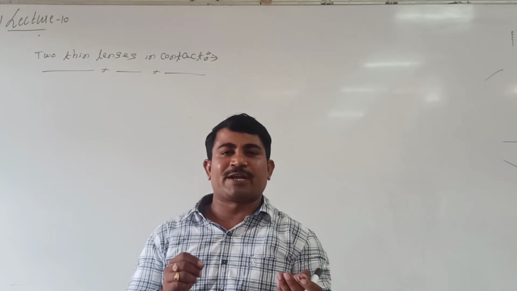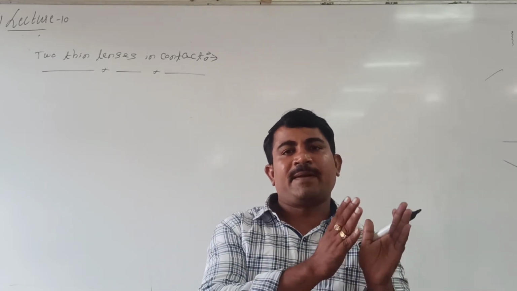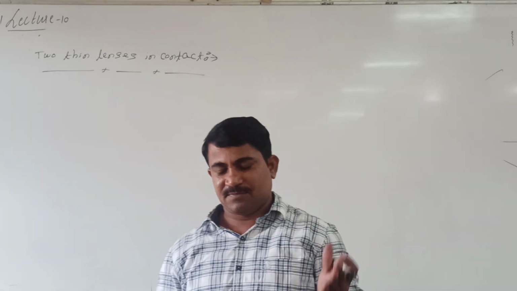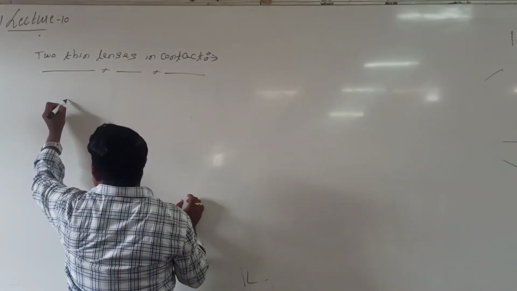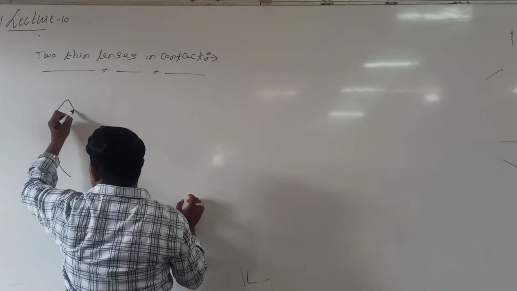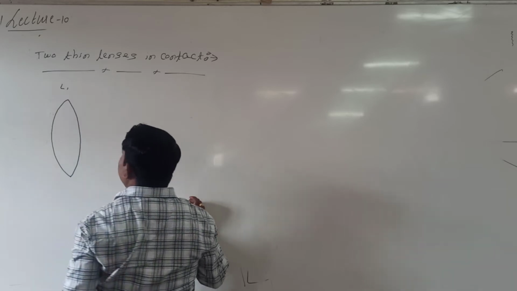Before that, I will take two convex lenses of different focal length. They are placed in physical contact such that they have a common principal axis. Now I can take this, it is nothing but one convex lens of focal length f1. So this is represented by L1.